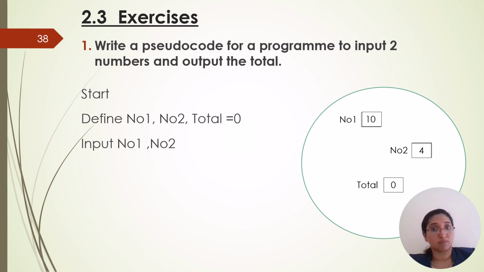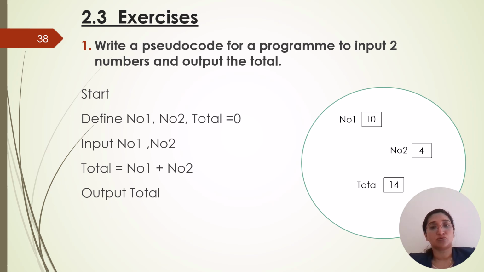This is your computer's memory, right? And then it says total equals number 1 plus number 2. It says add the values in these two locations and keep the result here. In number 1 you have 10, in number 2 you have 4. 10 plus 4 will be 14.